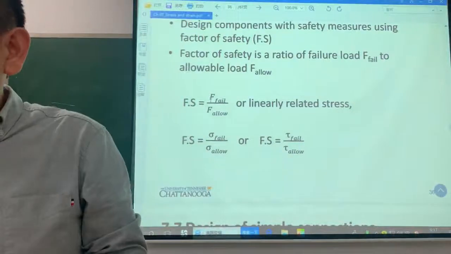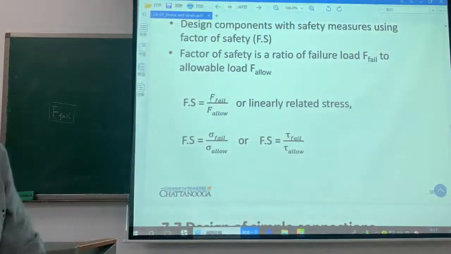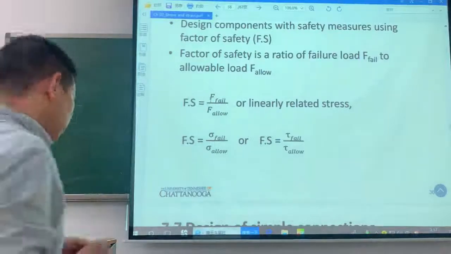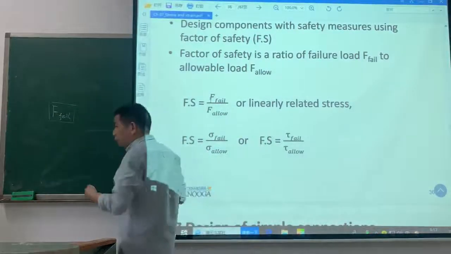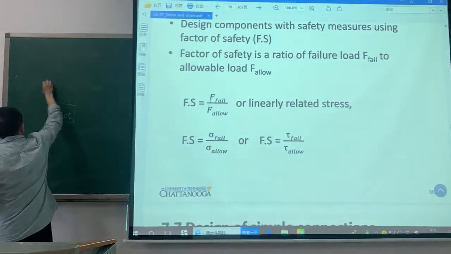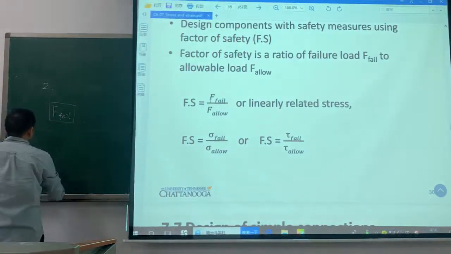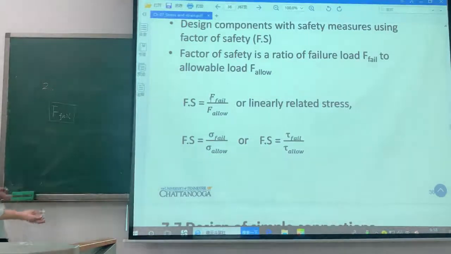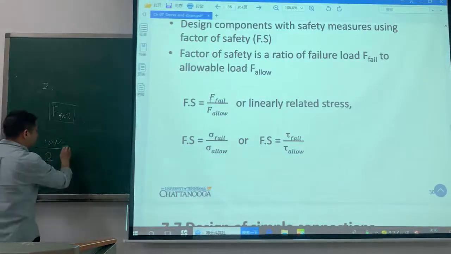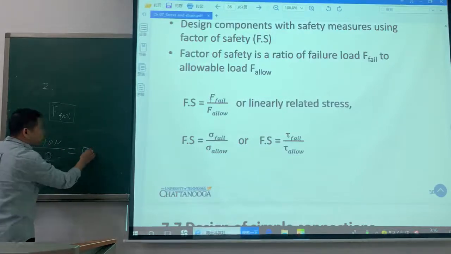According to experience, we have to get a factor of safety. Suppose we get a factor of safety of 2. So the allowable loading is 10 Newton divided by 2, which is 5 Newton.